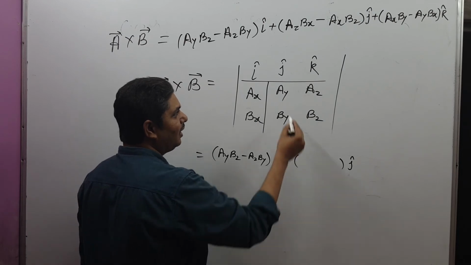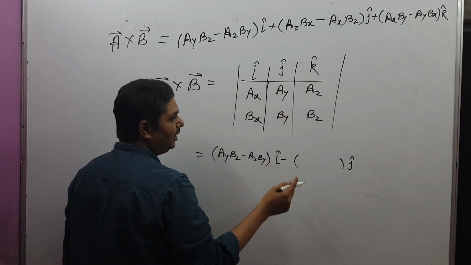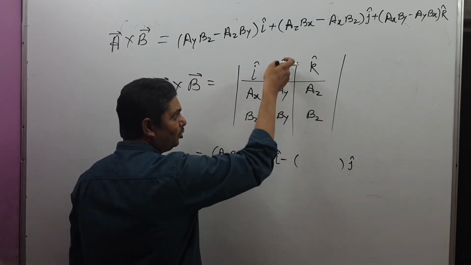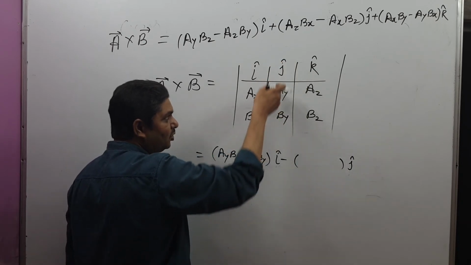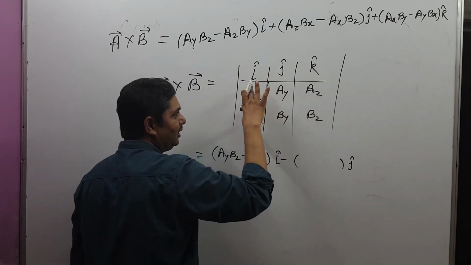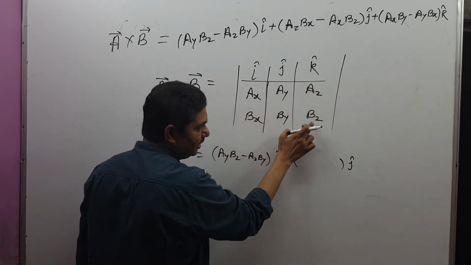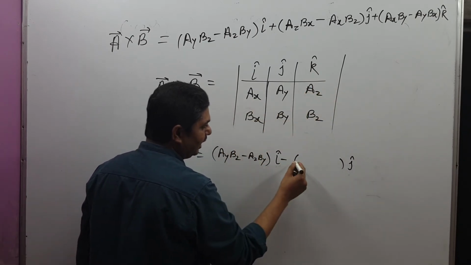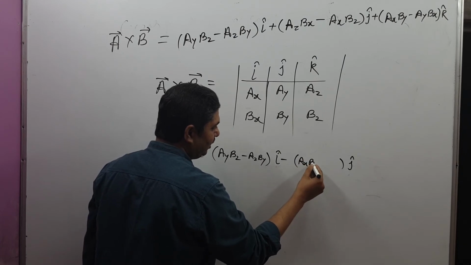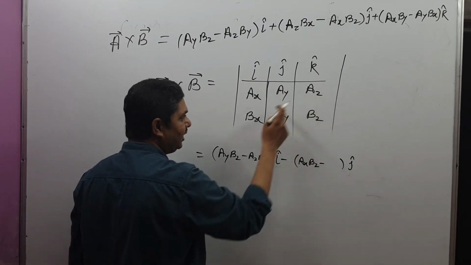Now on this side, since we have written J here, you have to omit this term and this term. You only have to take the first term and the last term. Multiply this term with this term. So AXBZ, right here AXBZ. Give a minus sign, AZBX.